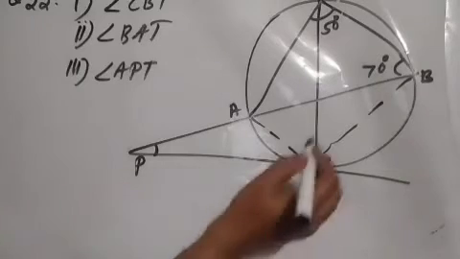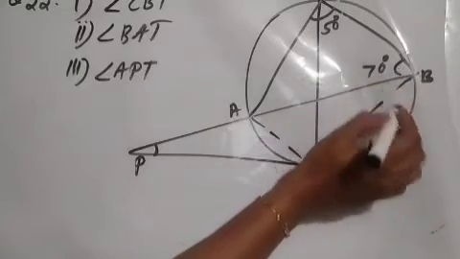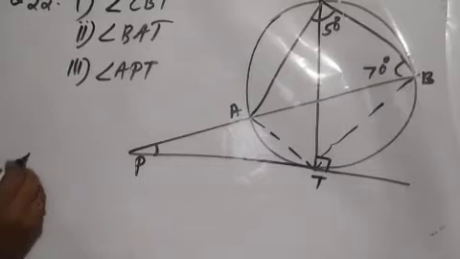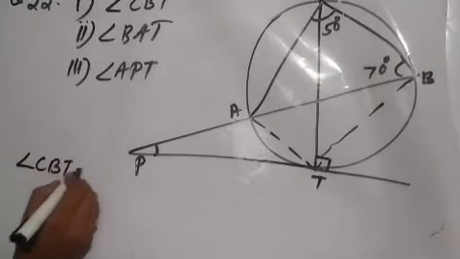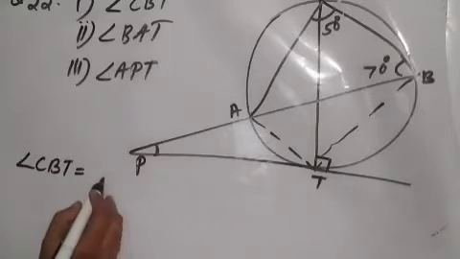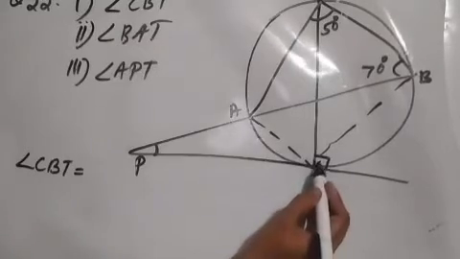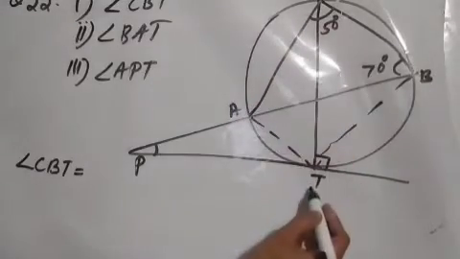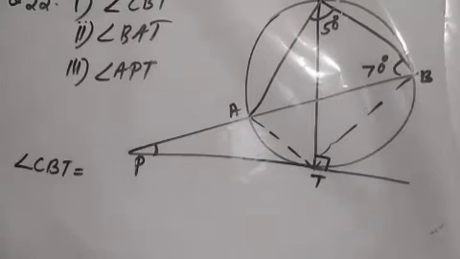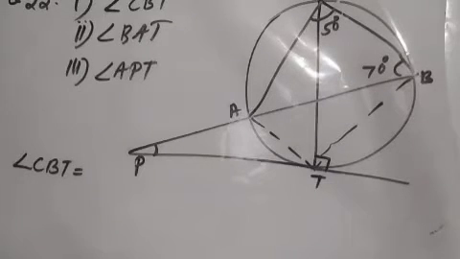Angle CBT. Can you say what is the measure of angle CBT? It's clear, tangent and this line CT make 90 degree. We know that always radius and tangent make the angle 90 degree.